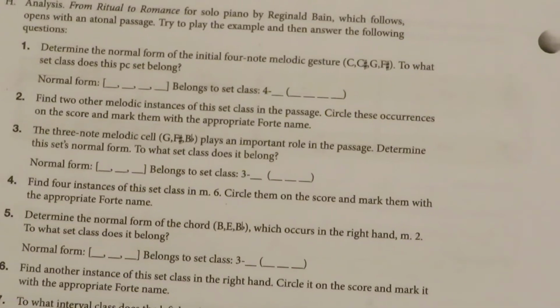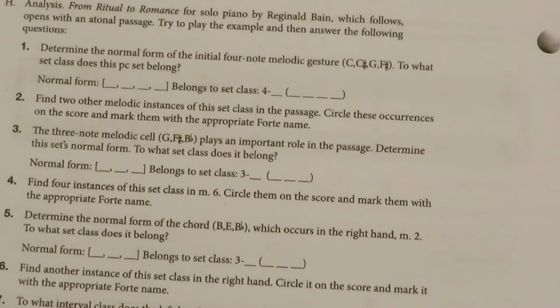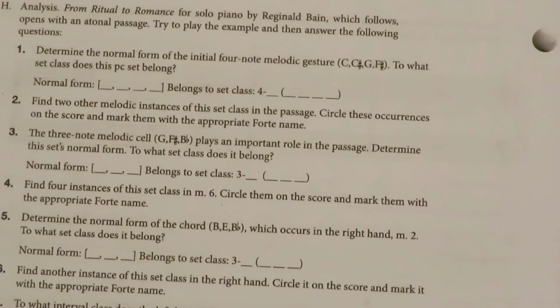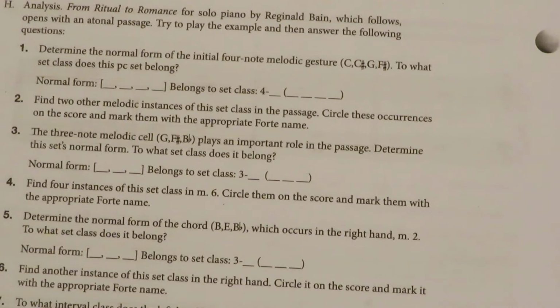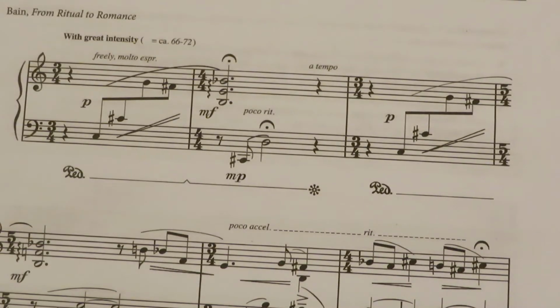Okay. And this is an analysis of From Ritual to Romance for Solo Piano by Reginald Bain. Awesome name, right? Which opens with an atonal passage. Try to play the example and then answer the following questions. Well, let's listen to it.